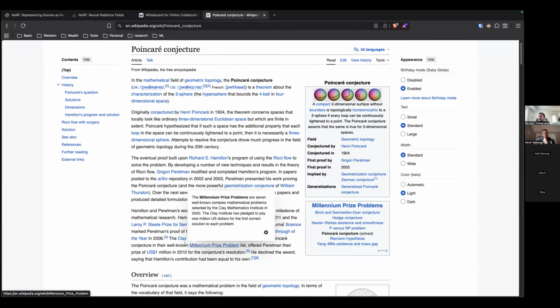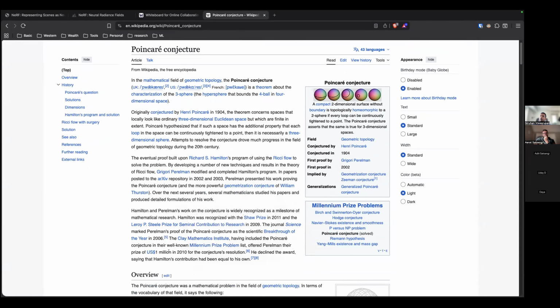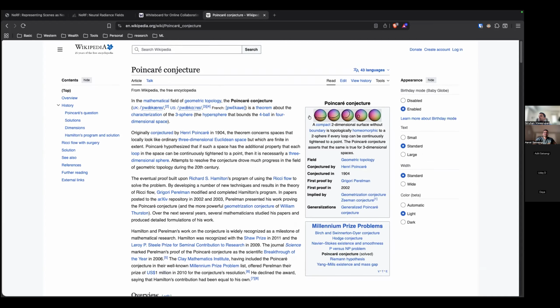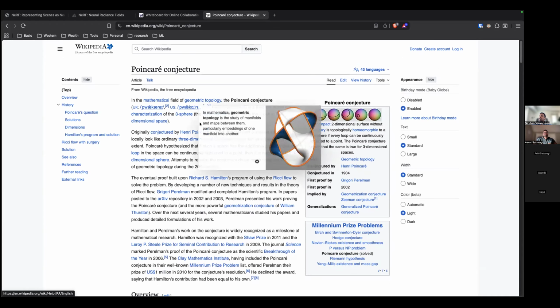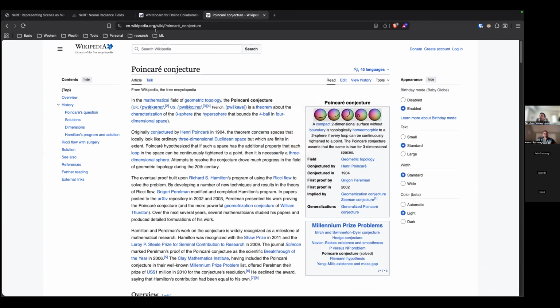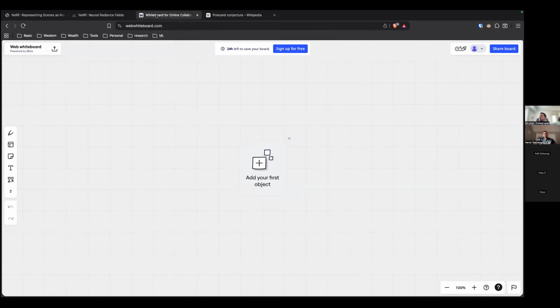Maybe 10 problems they have formulated, and if you solve one, you basically get $1 million. And this is the only problem that has been solved. This is in geometric topology. These are frontier areas in that field of mathematics, but you can read up about it if you want. The scientist who solved it basically said, "I don't want the $1 million."